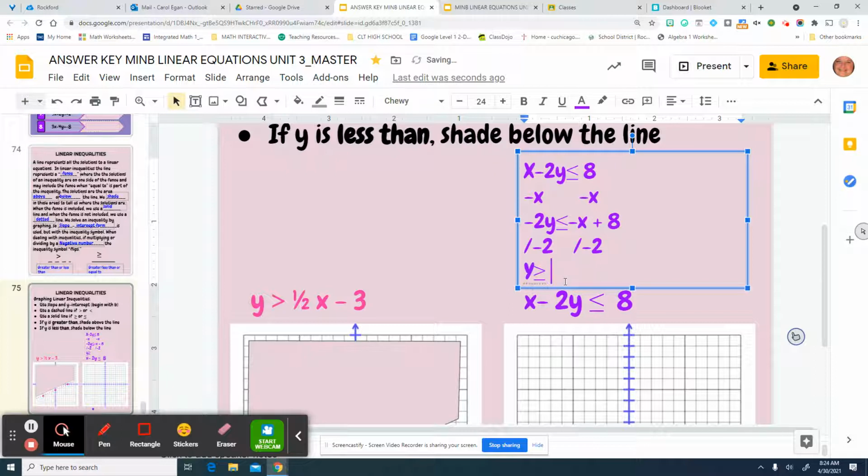So that special rule comes into play. So I'm going to wind up with a negative times a negative is going to be 1/2 x, and 8 divided by -2 is -4. Y'all know I have a thing about the capitals. So y is greater than or equal to 1/2 x minus 4.